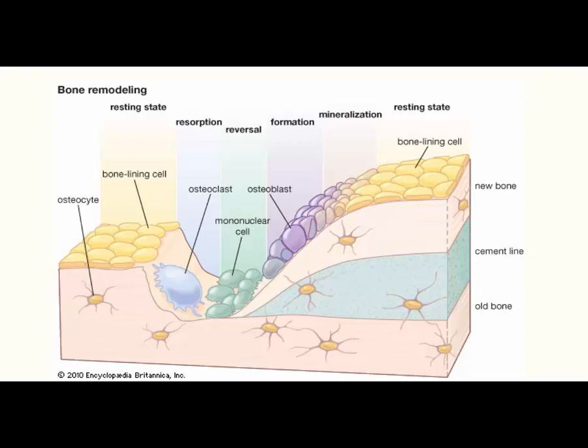The monomers polymerize into collagen fibers. Those fibers make osteoid, which is then mineralized as hydroxyapatite precipitates, and we end up with new bone in its resting state.